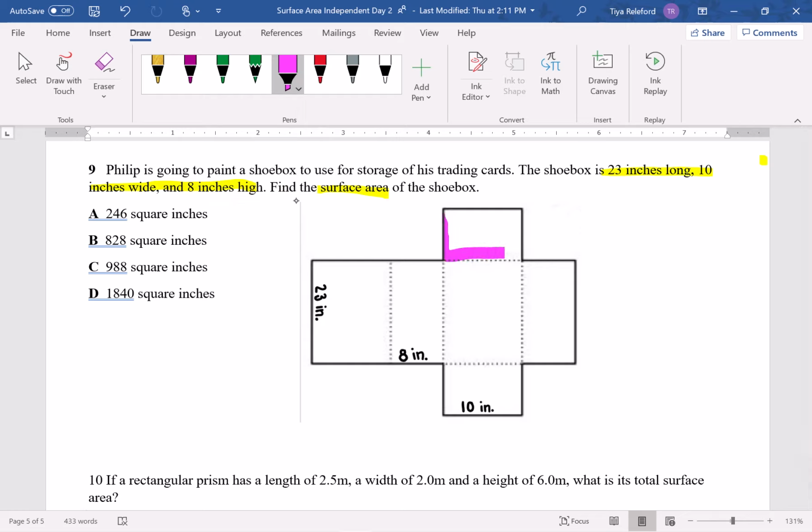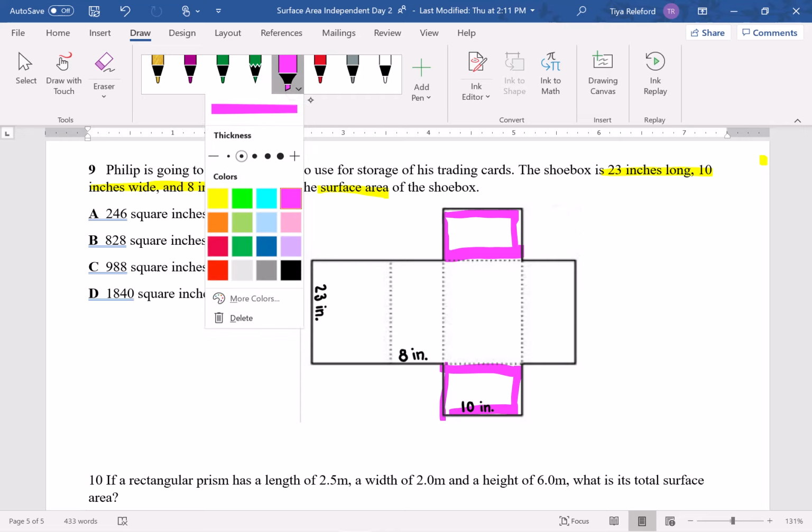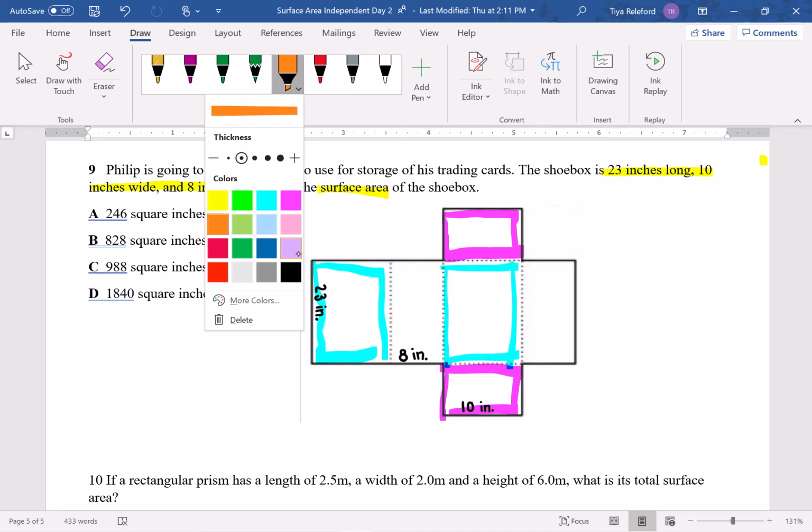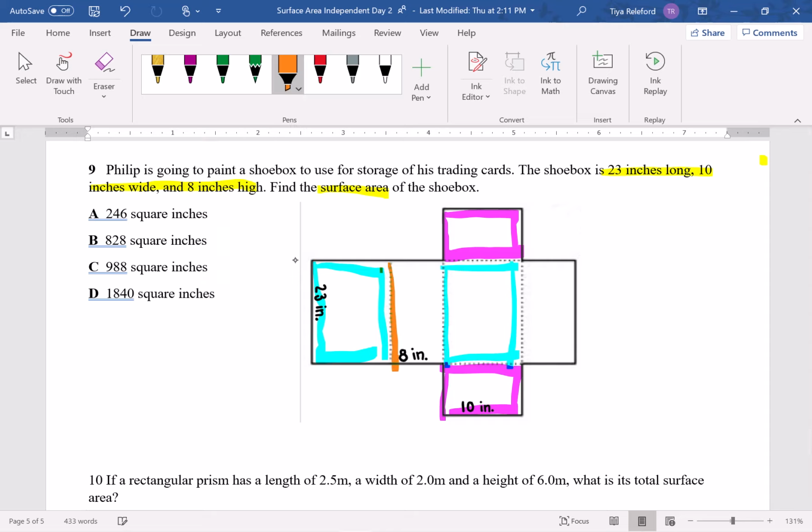So you have the 2 bases. You have the 2 fat sides, and you have the two not quite so fat sides.